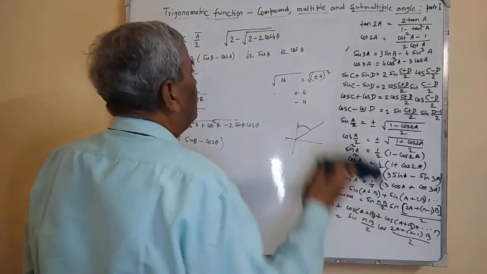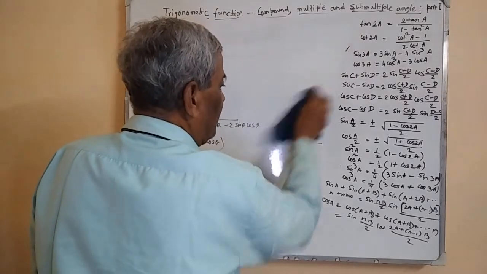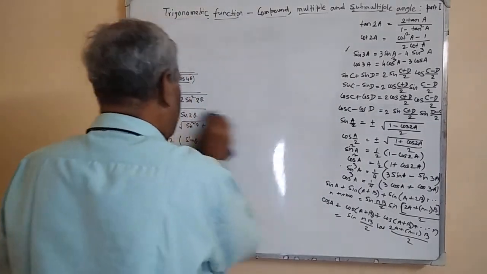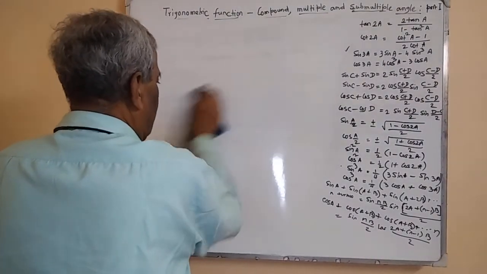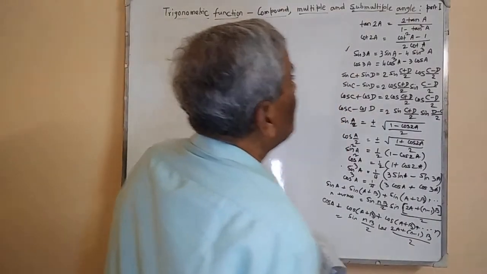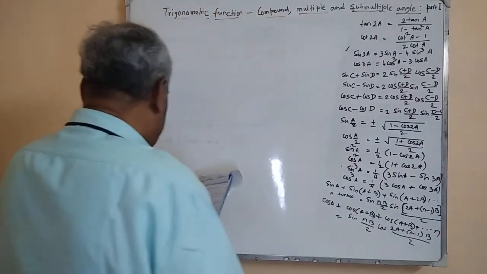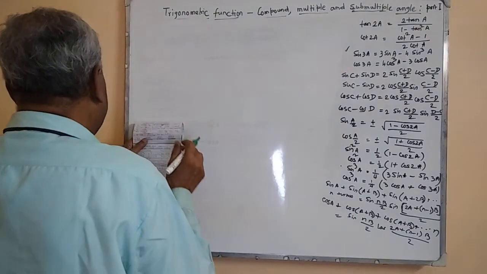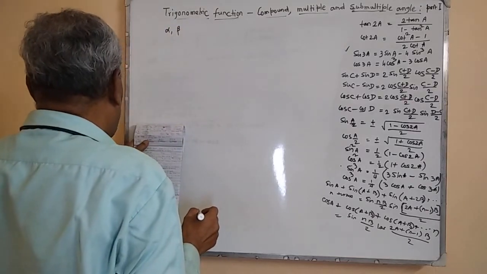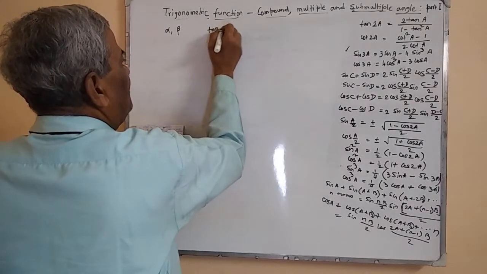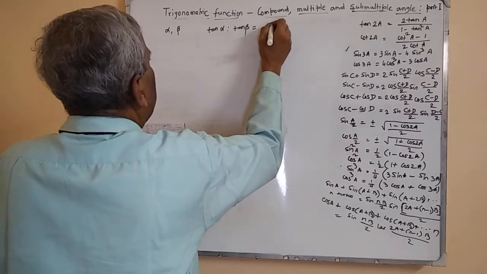Our next problem. Next problem is, if theta is divided into two parts, alpha and beta, such that tan alpha is to tan beta is equal to x by y.